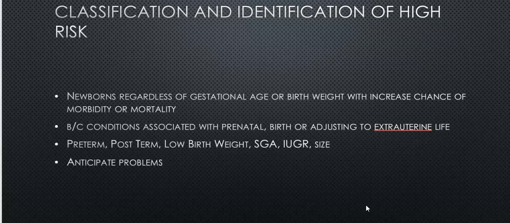You can also have babies that are born with problems adjusting to extrauterine life, babies that had some type of problem that developed during the antepartum period of time or during birth. You can have babies that may have some other type of issue, such as difficulty holding their blood sugar, or babies who have thermoregulation issues along with other problems.